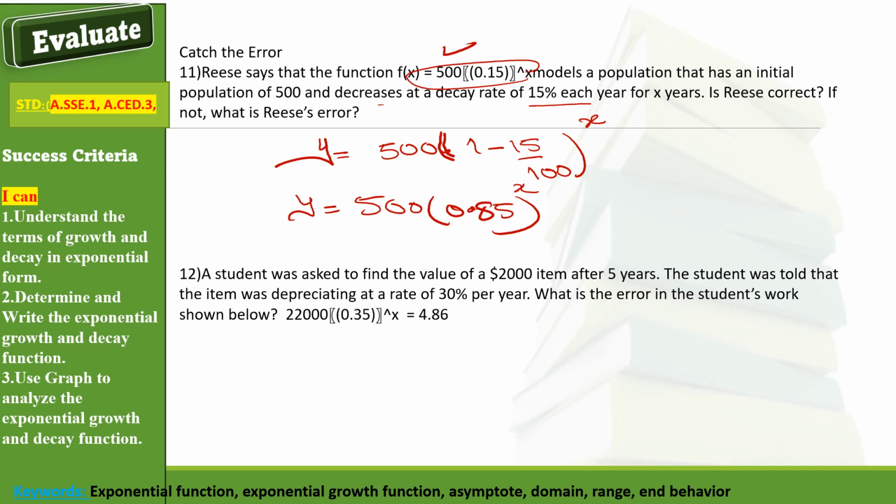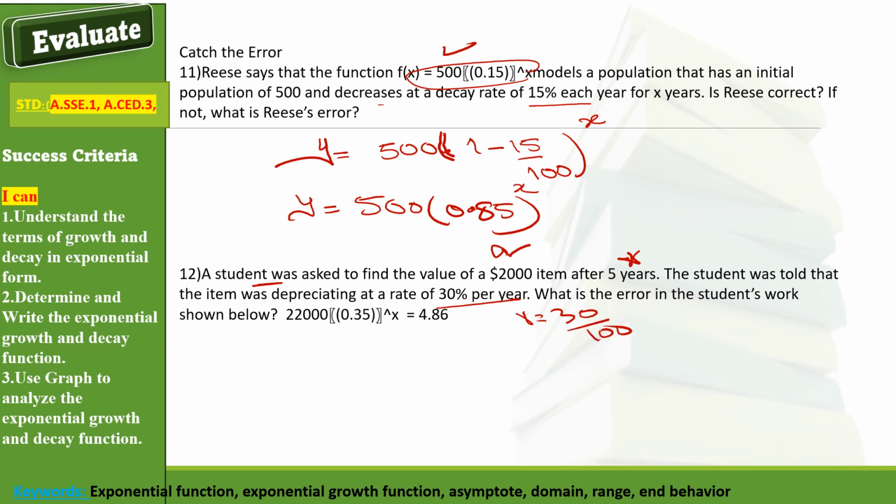A student was asked to find the value of a $2,000 item after 5 years. So what is the initial value? It is 2,000. The student was told that the item was depreciating, which means we have to use subtraction, at a rate of 30%, which means r equals 30 over 100.